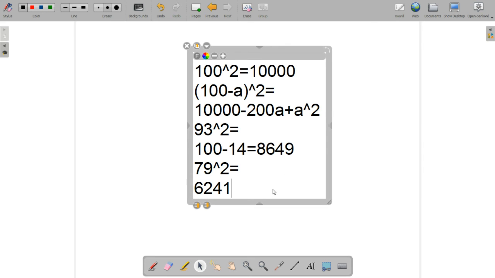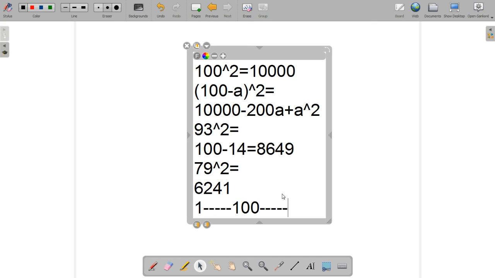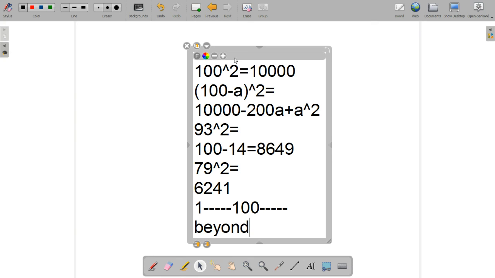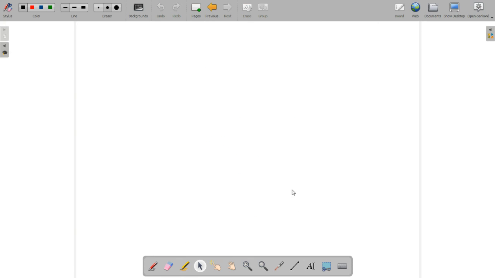So if you have actually been listening throughout, hopefully now you're able to do the squares from 1 to 100 and hopefully beyond. And I just want to remind you guys that the numbers repeat themselves.